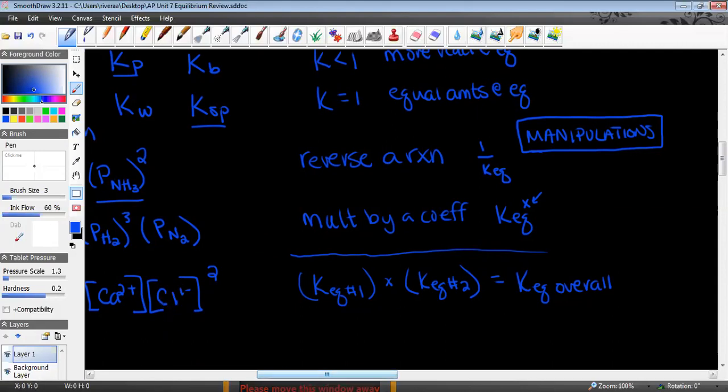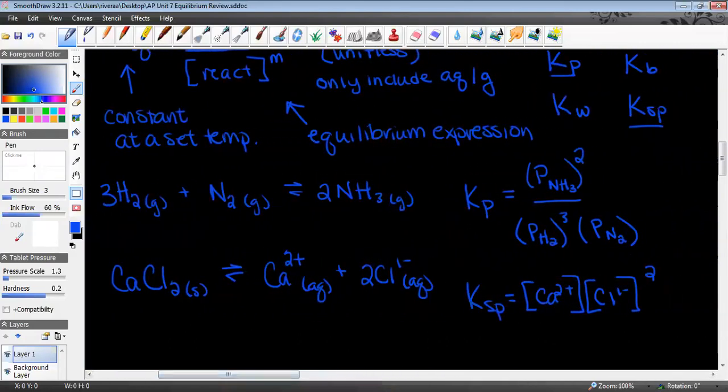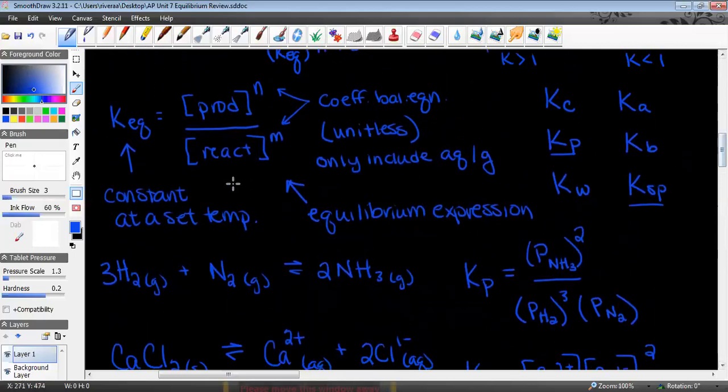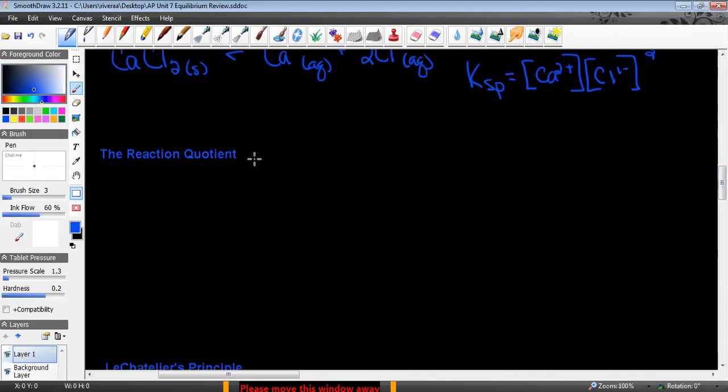How do we know? Well, we have the same exact expression for K, but instead of these being values at equilibrium, like when we plug in these values here, these are the values at equilibrium. If we're not at equilibrium, if we're at the initial point of the reaction, or partway to equilibrium, or if we don't know if we're at equilibrium, we calculate something called the reaction quotient, Q. So this is the same as the equilibrium expression.